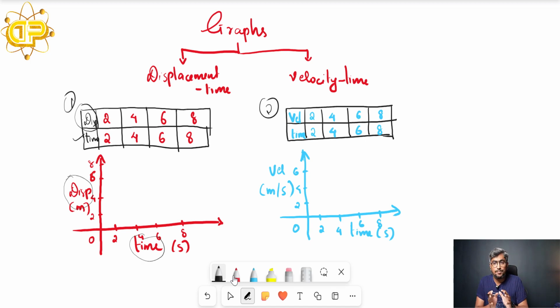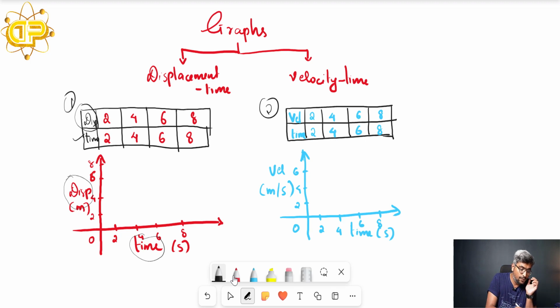So what type of graph are you plotting? That is the displacement time graph, because your data are displacement and time.